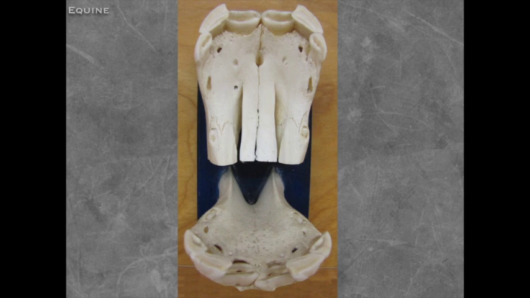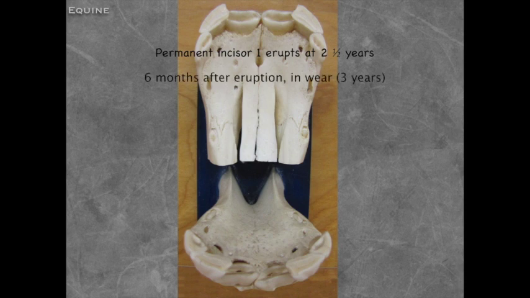Okay, these are going to then be the first set of permanent incisors. Okay, so permanent incisor 1 is going to erupt at 2.5 years. Remember that wear is going to occur 6 months later, so the horse would then be 3 years old.